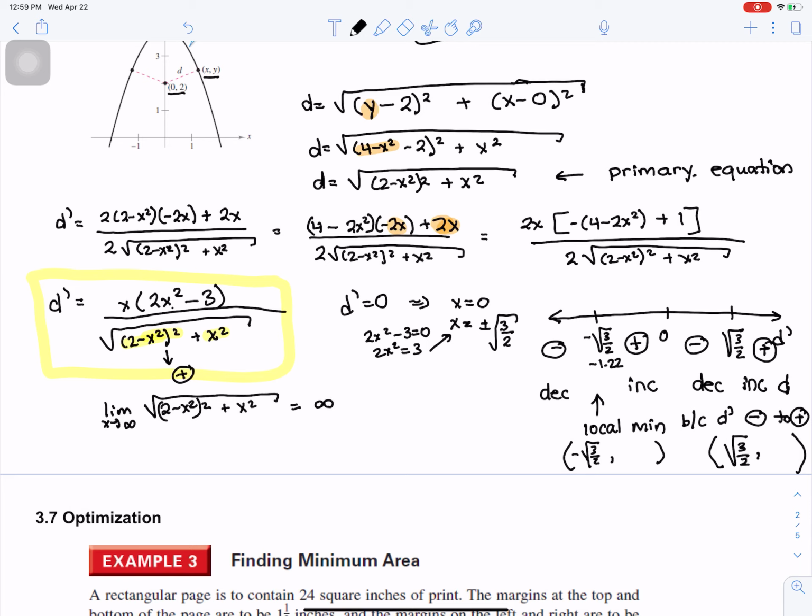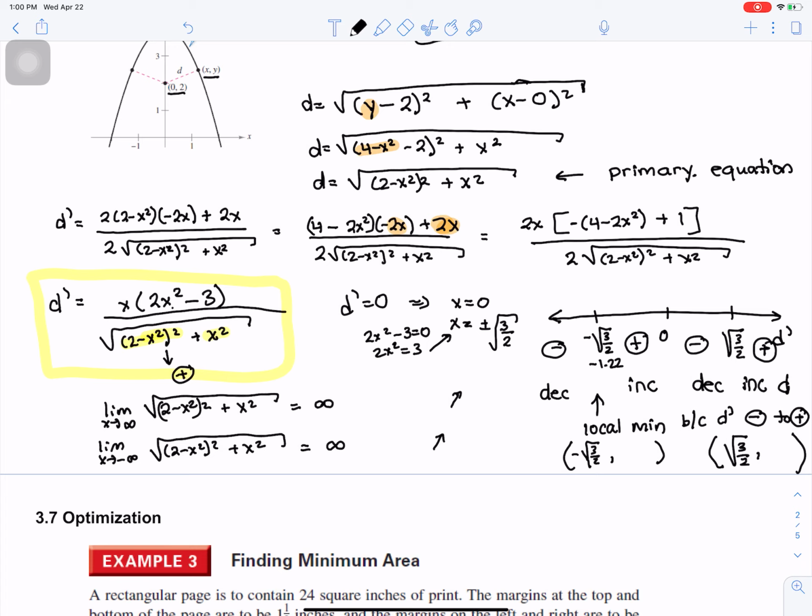So that's telling me that as x goes to infinity, my d function goes to infinity, so the graph is going up. When I do the limit as x goes to minus infinity of the same function, by the same reasoning, this is going to give me plus infinity, which means that the graph is going up at the negative infinity end.